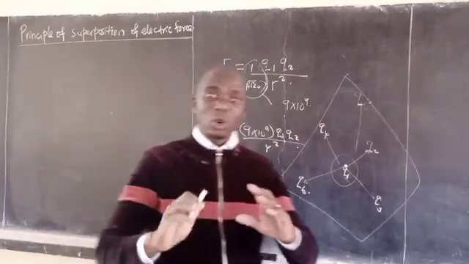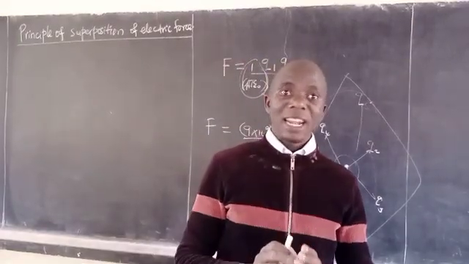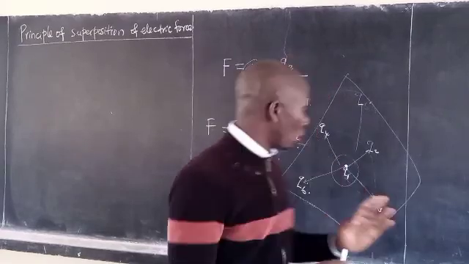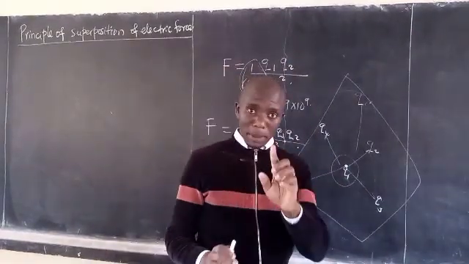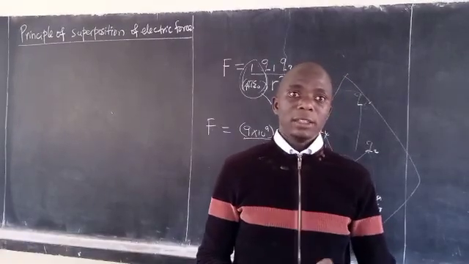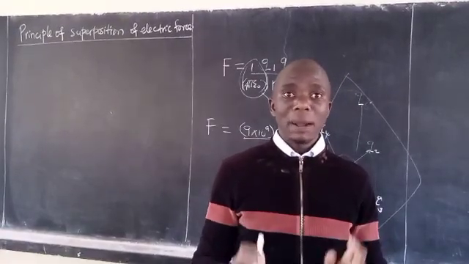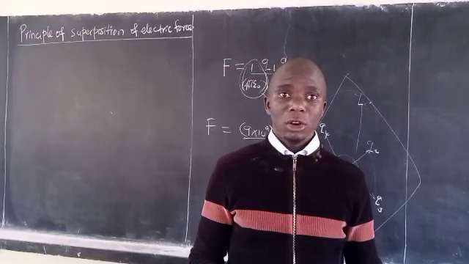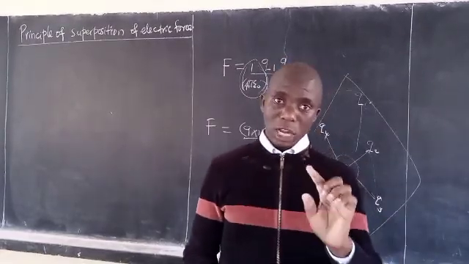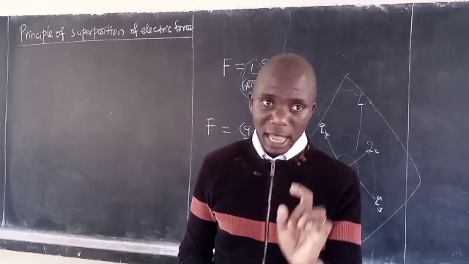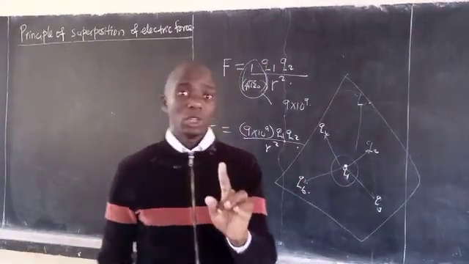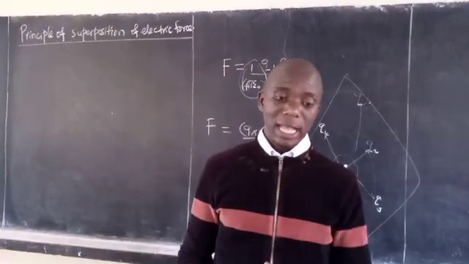And when I get all of them and I sum them up, it gives me the total force on this charge. Remember, force is a vector quantity. Therefore, the issue of direction is paramount in this. We don't have to forget. That's why in our statement, we shall not forget the term vector sum. We are summing them, but we are considering the direction. We are bringing in the issue of vectors.